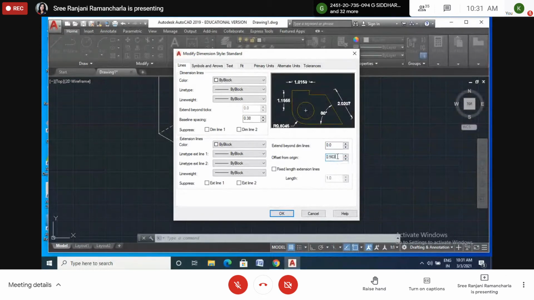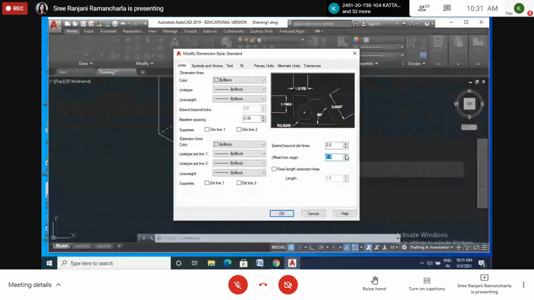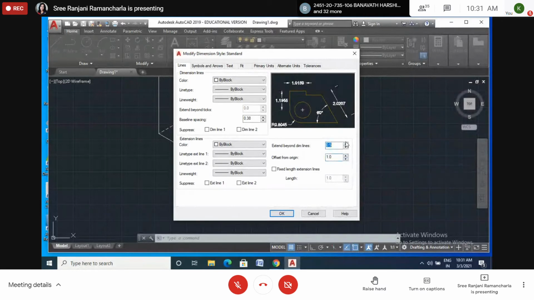So let me take 5, 8, enter. So 8 is also not comfortable. 1.5, no. Okay, we'll set it after taking all this. We have to change the units also here. Okay, now it's fine. Now we have got the lines.